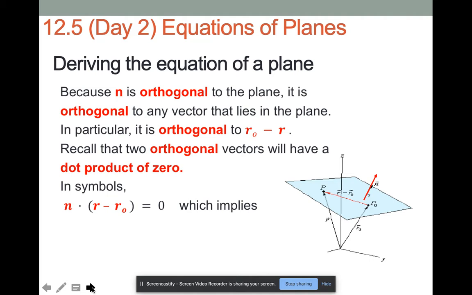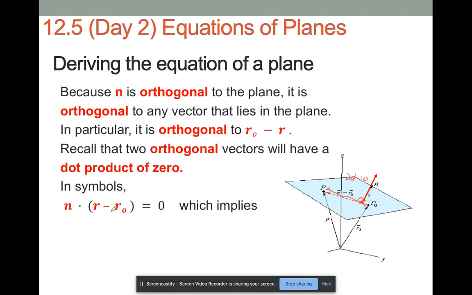So that means that the vector n dotted with r minus r sub 0, the line in the plane, is 0.